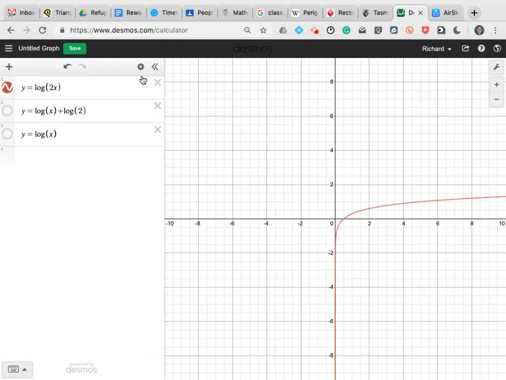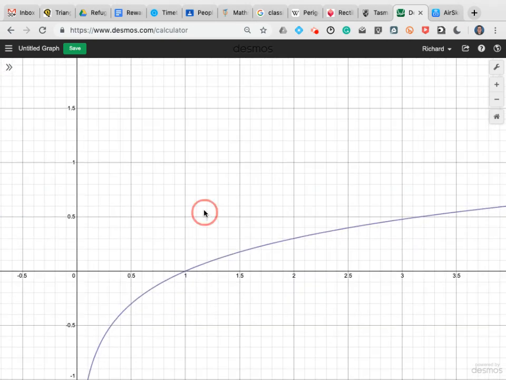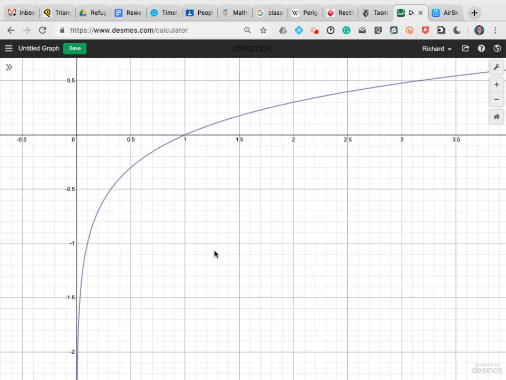So here is the graph of log x. I'll just zoom up a little bit. So we explored the idea that just like an exponential graph has a horizontal asymptote, for a log graph, we have a vertical asymptote along the y-axis.